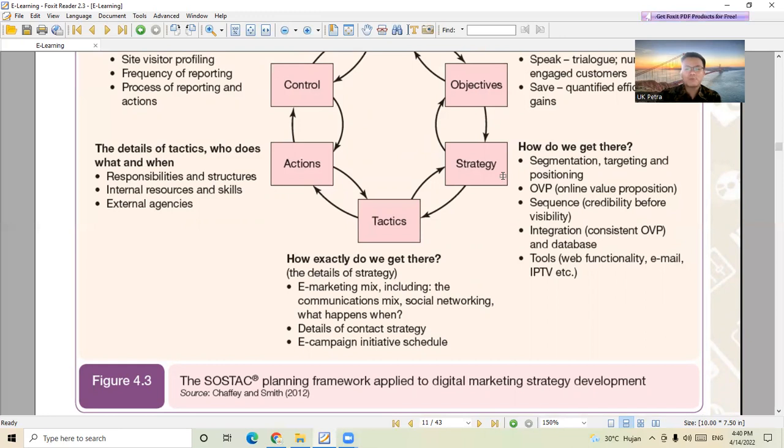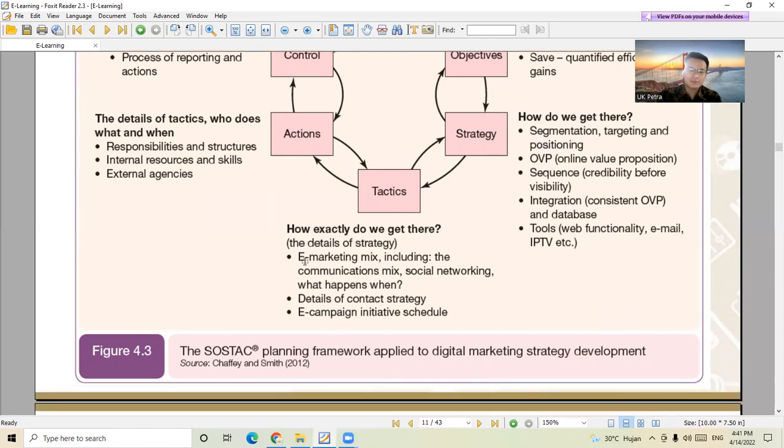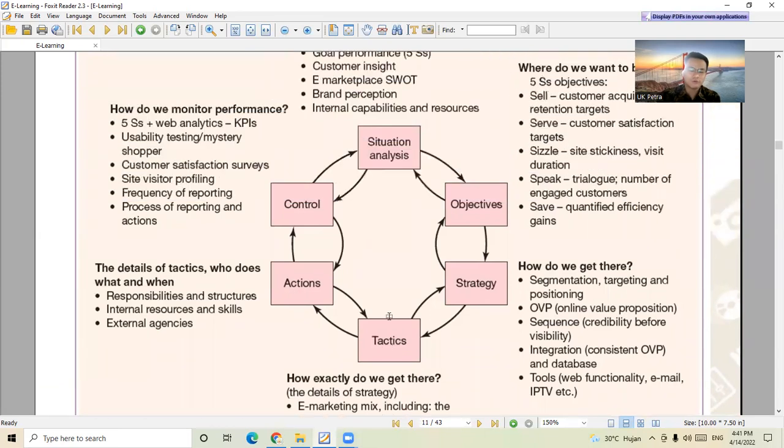If we want to be more specific, we have to have tactics. You can notice that there is a word here, exactly. How exactly do we get there? The tactics can include the e-marketing mix, including the communication mix, social network, the contact strategy, e-campaign, initiative schedule, and so on and so forth.